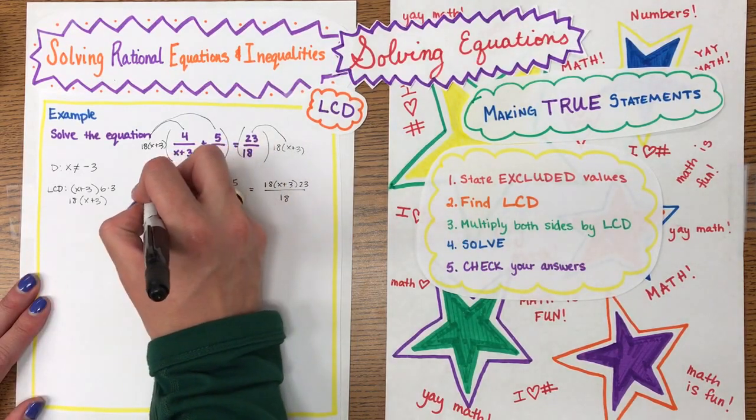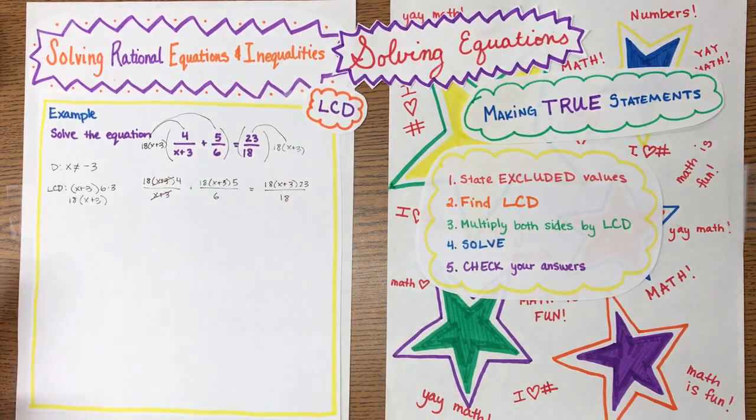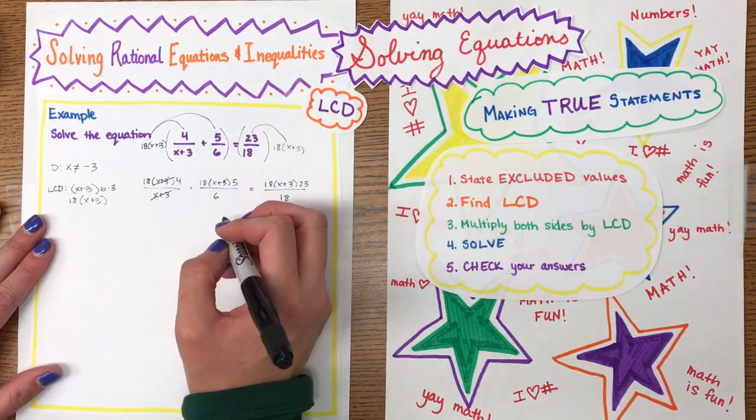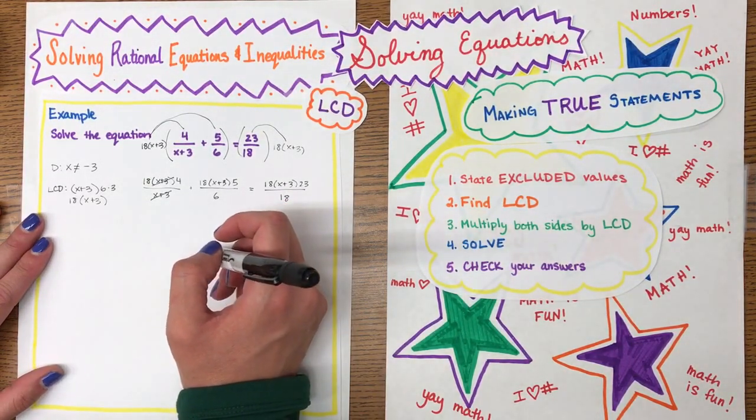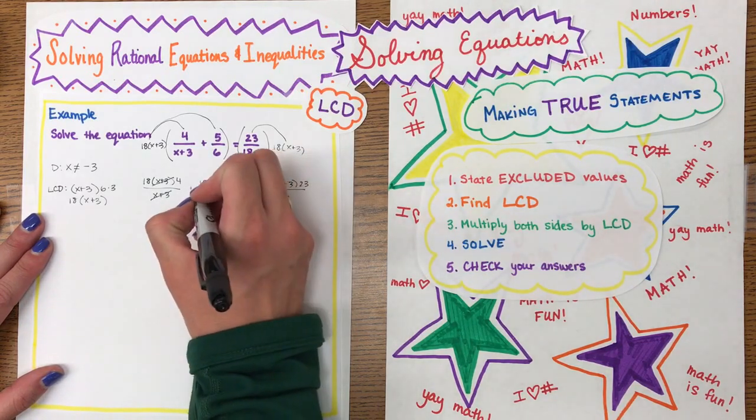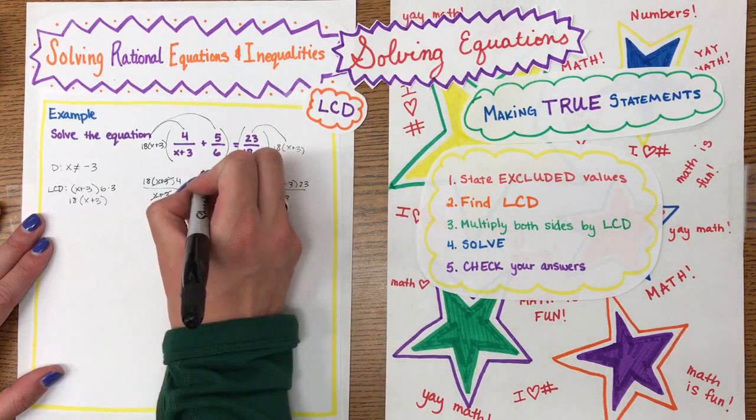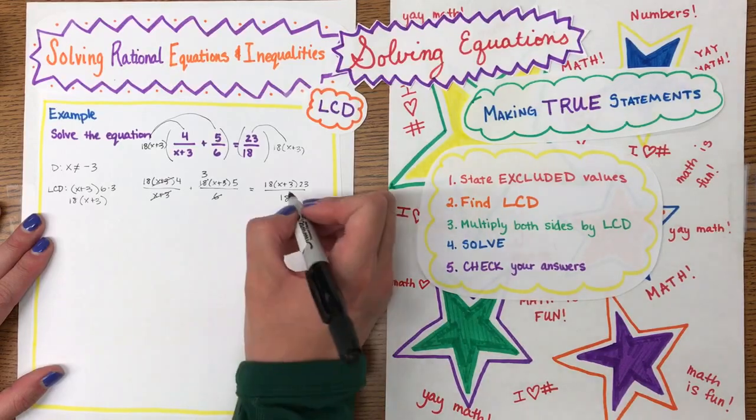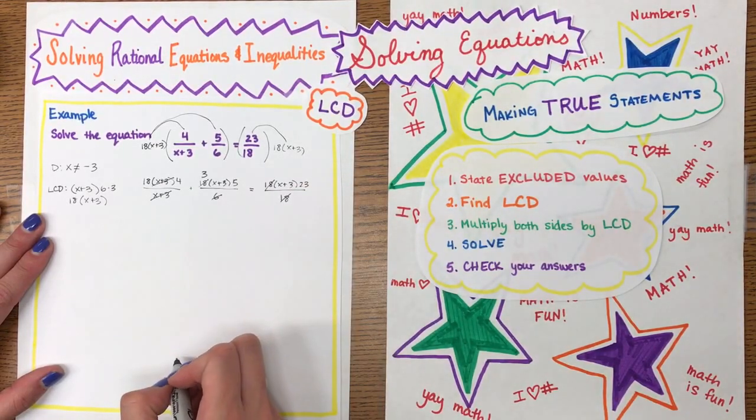So if I look at this, I'm going to cancel out common factors between the numerator and the denominator. So I will be simplifying. 18 and 6 have a factor of 6 in common, leaving me with a 3 up here, and the 18 and 18 cancel out.